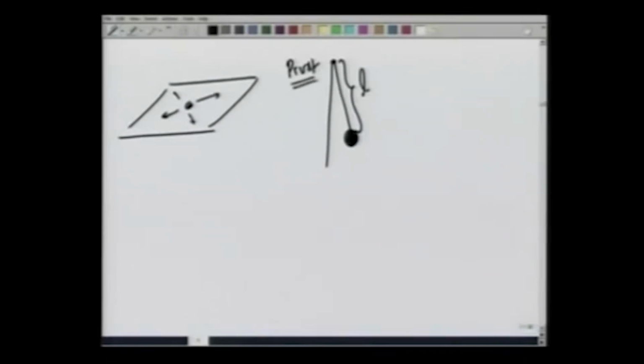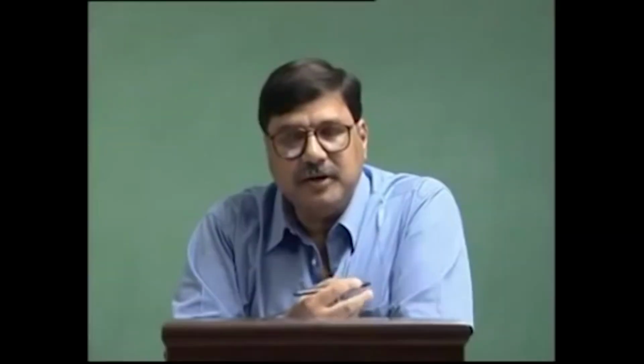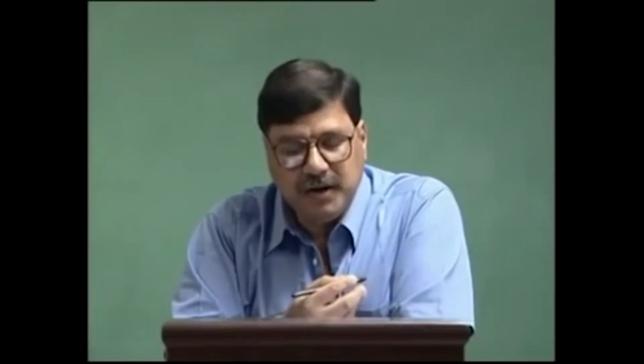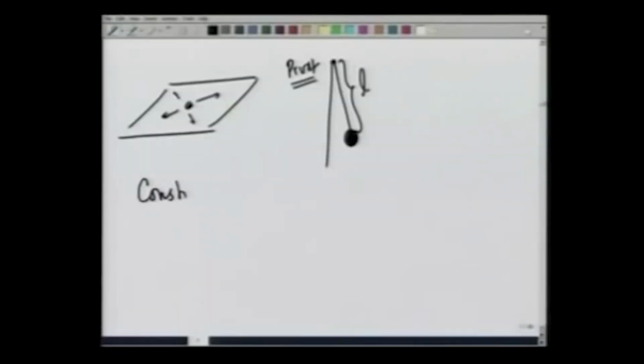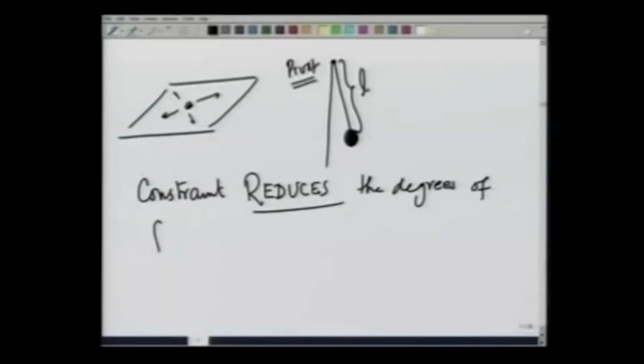So you see, we are putting constraints whereby we restrict the motion. And what does a constraint do? A constraint reduces the degrees of freedom of a system.